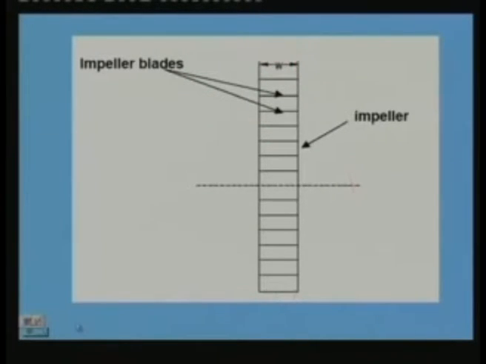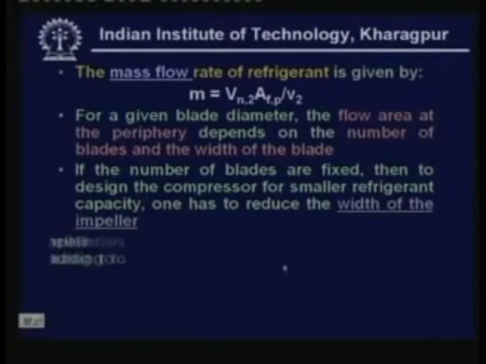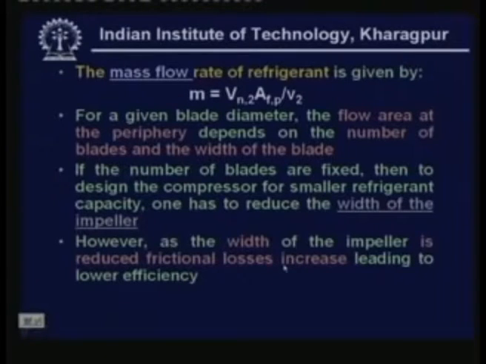Now what is the problem if you reduce the width? You find that as the width of the impeller is reduced, frictional losses increase, leading to lower efficiency. That means when you are forcing the refrigerant to flow through a narrow passage, obviously frictional losses increase. So if you are trying to design a system for a small refrigeration capacity, you have to keep the tip speed constant.